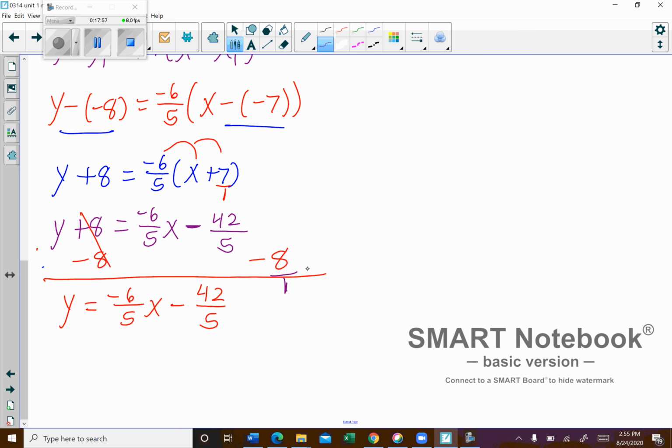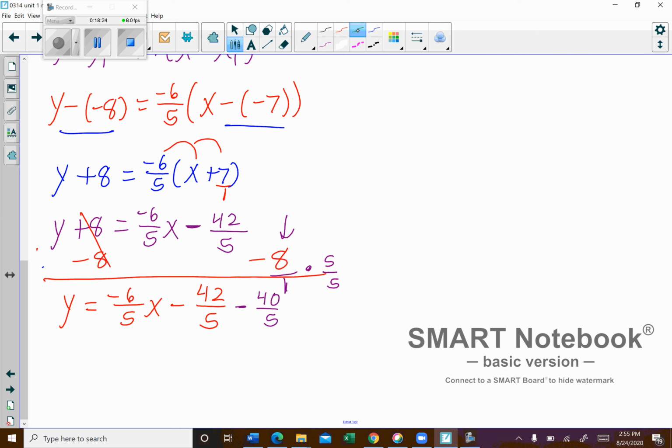So what I'm going to do is multiply that -8 by 5/5 so that I can have the same denominator. Basically, whatever this denominator is, that's what I'm going to multiply the top and bottom by. So I'm going to get -40/5. That's what the -8 turns into right there. That's where this comes from. I'm multiplying by 5/5.